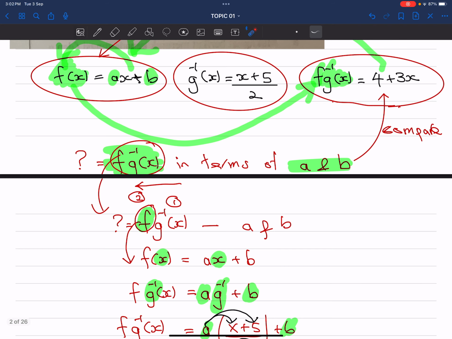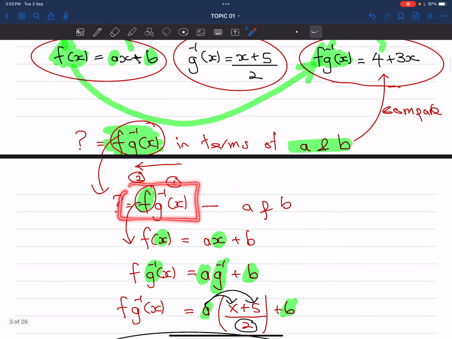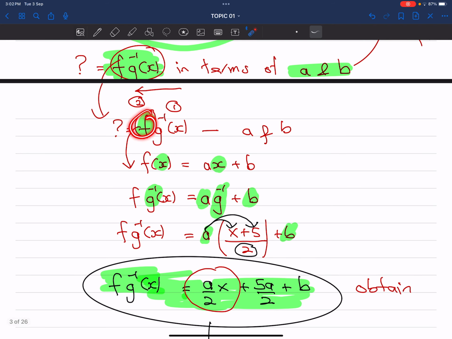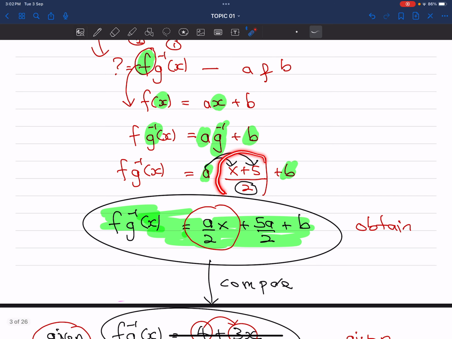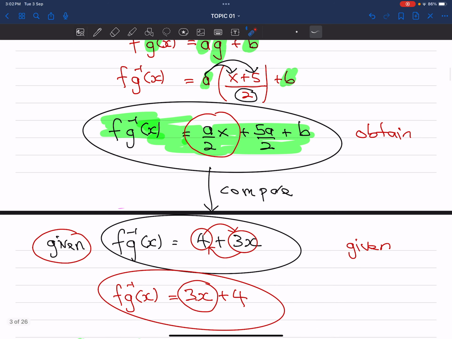To find the composite, write the function f in front, and the x is replaced with g inverse. So here also x is replaced with g inverse. After replacing the g inverse, I do the simplification and I get the FG inverse in terms of a and b.